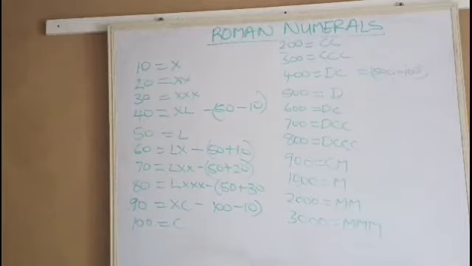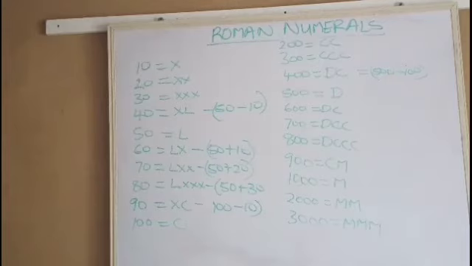So what we are going to do now is look at the other figures, 40, 50, 60 down to 3000. Now we have looked at 10, 20, 30. Now let's look at 40. 40 is XL. When you see XL, 50 is L and XL is equal to 50 minus 10.